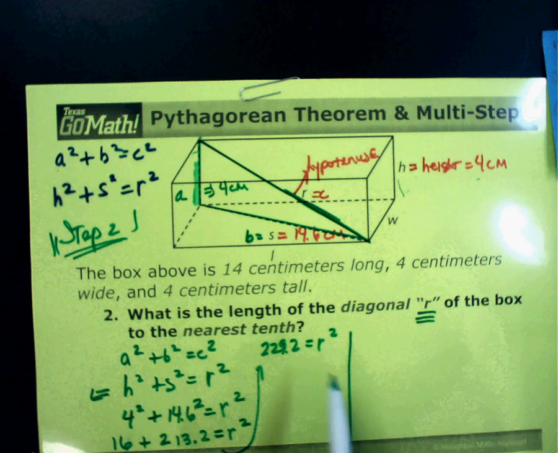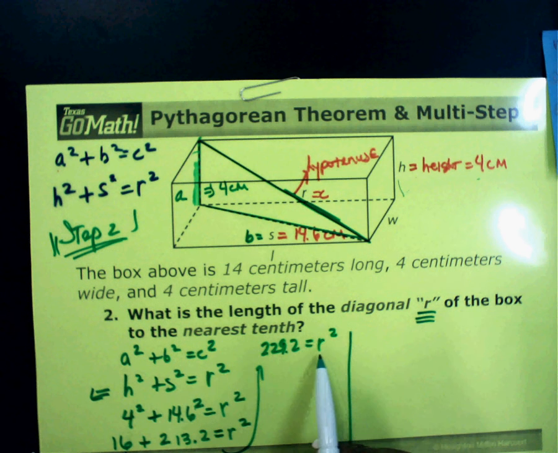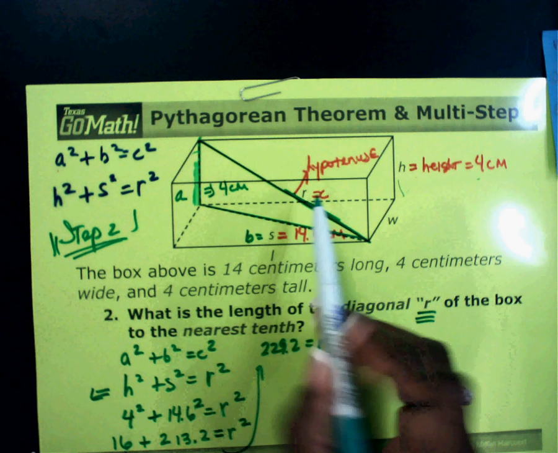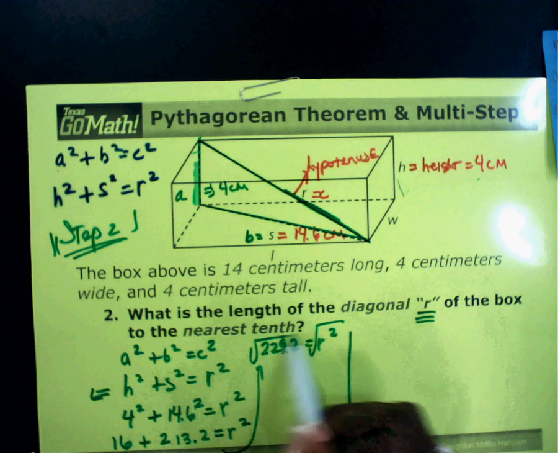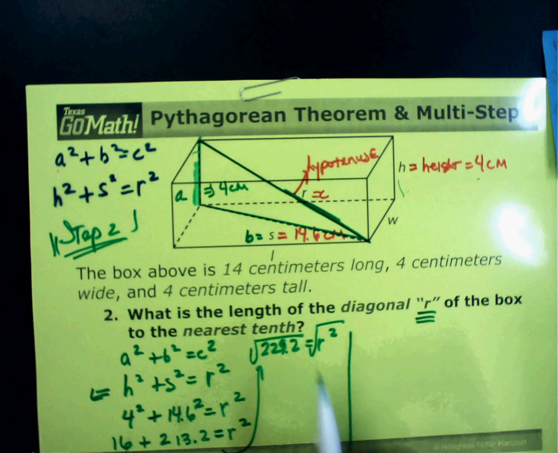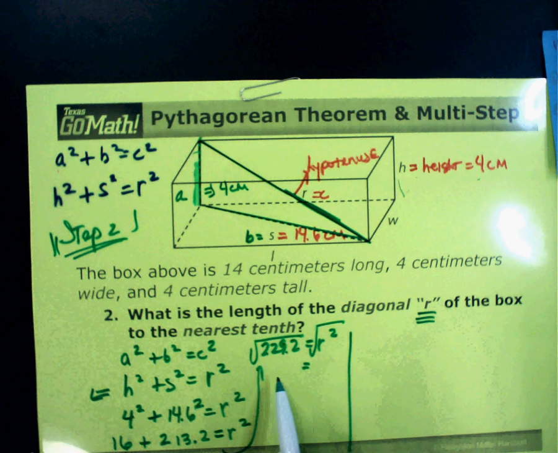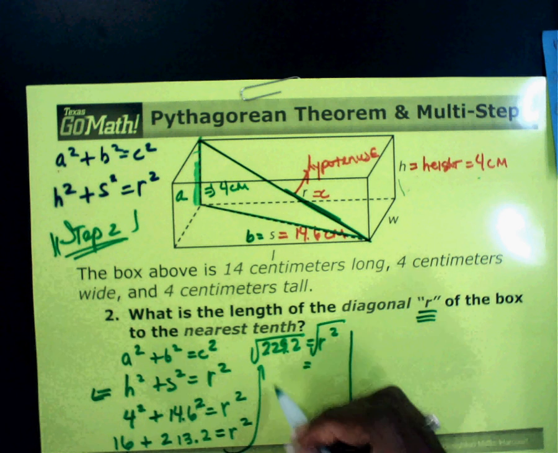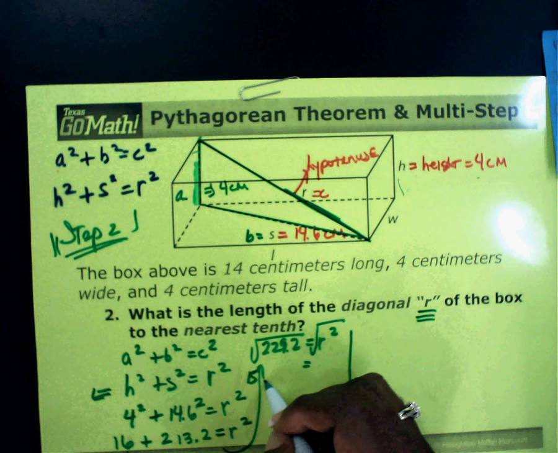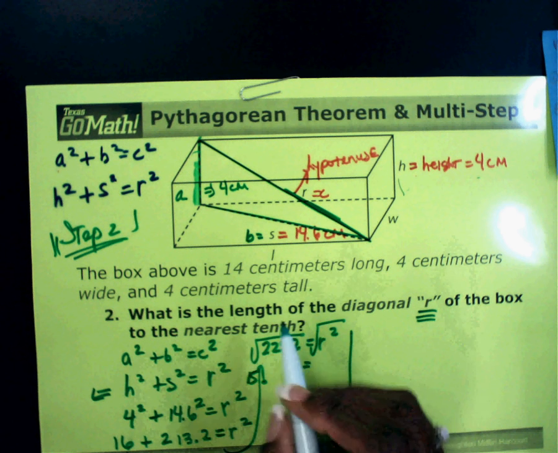We have R squared, but we just want R. The inverse operation of squaring a number is taking the square root. So when we take the square root of 229 and 2/10, we get 15.